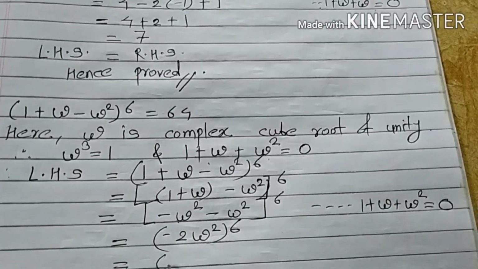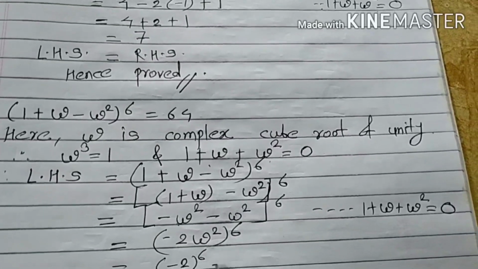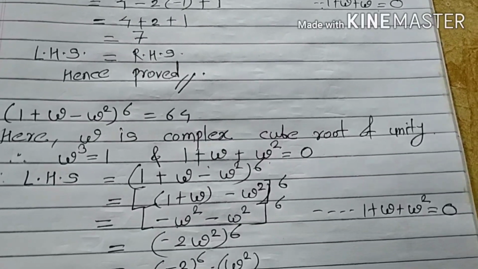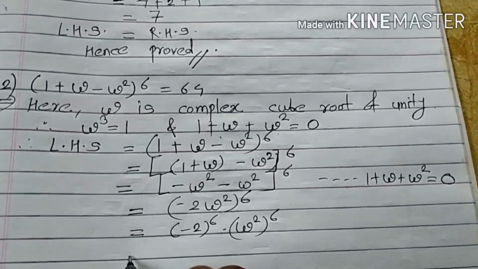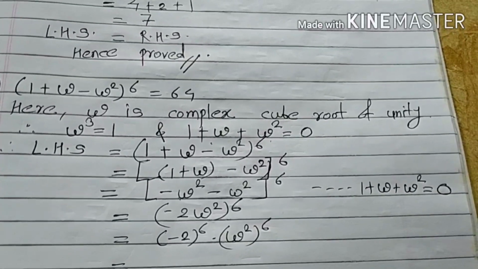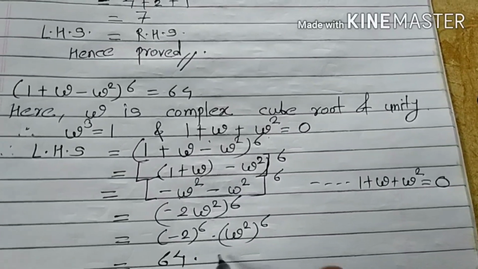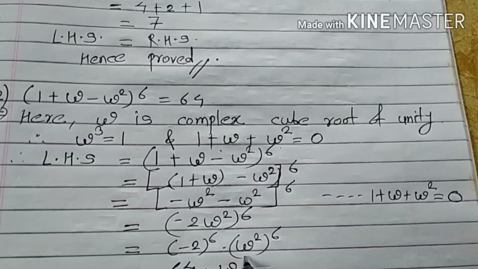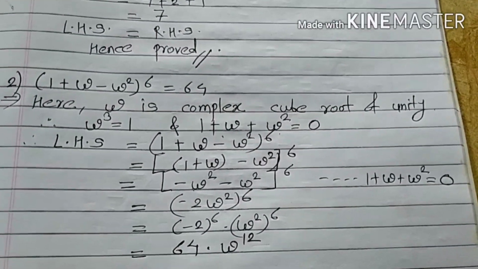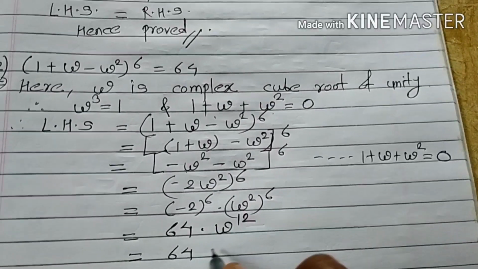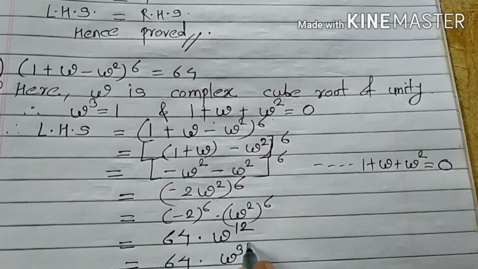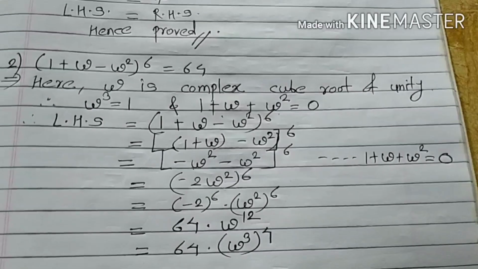Now split minus 2 raised to 6 into omega square raised to 6. So therefore minus 2 raised to 6 is 64, and here omega raised to 12. Now you can split like that, (omega cube) raised to 4.